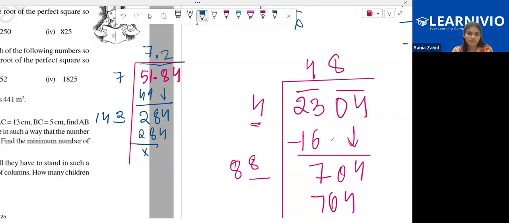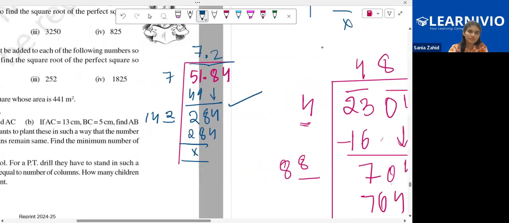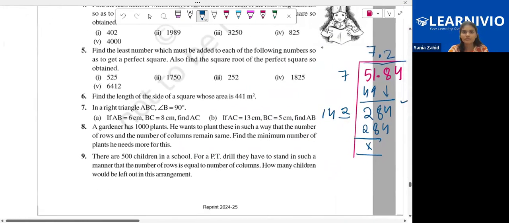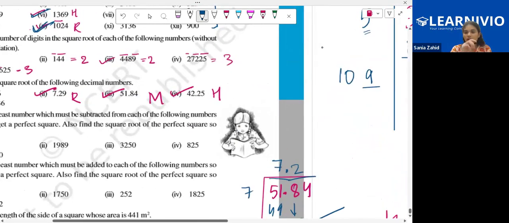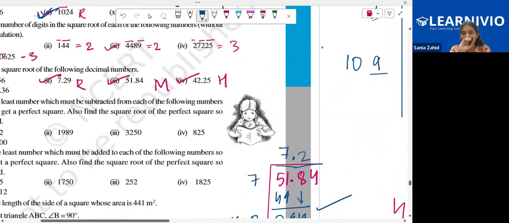Ma'am, I understood. Did they understand? Yeah. Can I write? Yeah, write it down. Good question, Mustafa. Your answer is correct. Harmeet, have you completed? No, ma'am. I want to see the question.